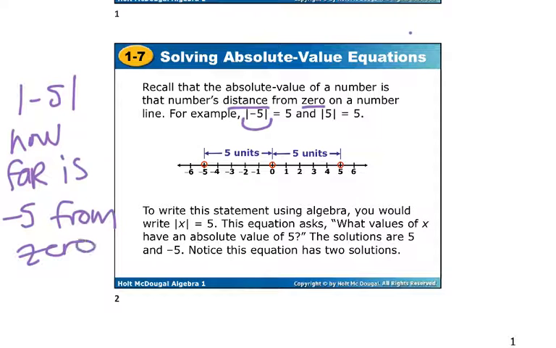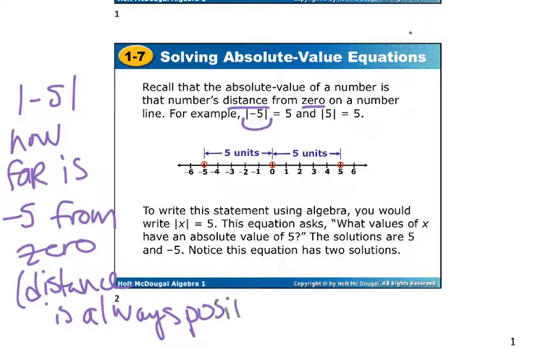And since distance is always positive, because if we do like a negative idea, you would just give like a cardinal direction, like north or south or east or west. Anyway, distance is always positive, and so in that case, that's why we always have this +5 as the answer. So a lot of people will confuse this and say opposites, and absolute value is not opposite.